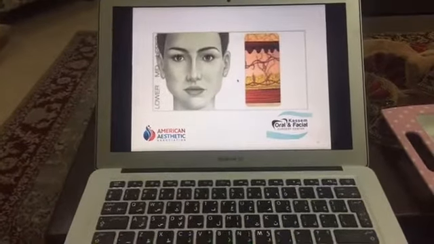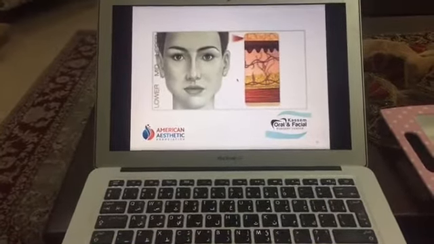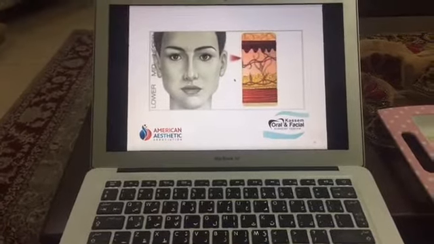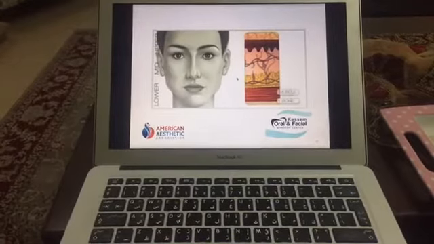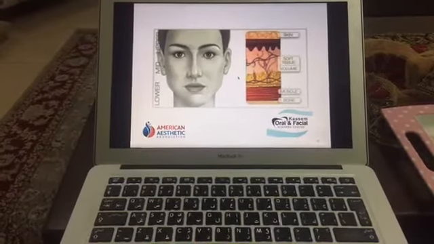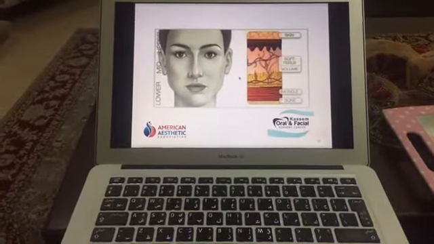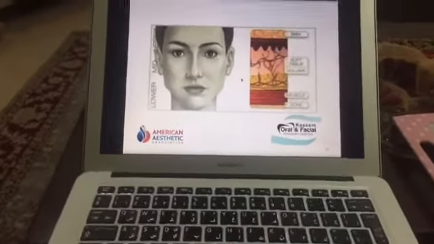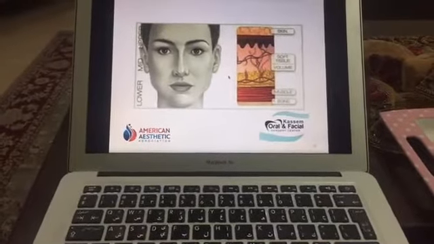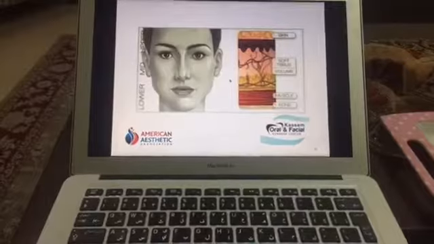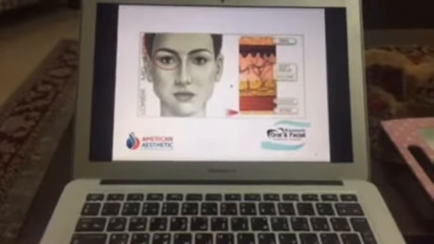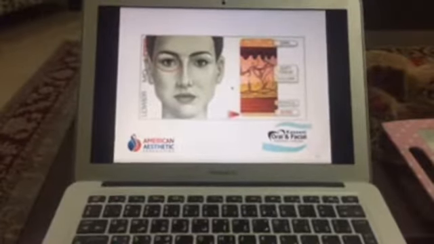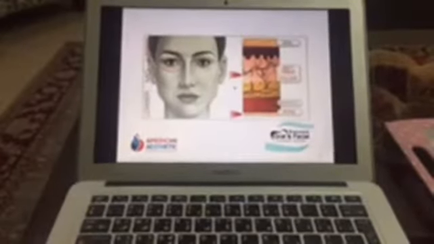This video will show us the differences between the upper face, mid face and lower face. This is very important. Aging appears in the bone, in soft tissue and also on the skin.